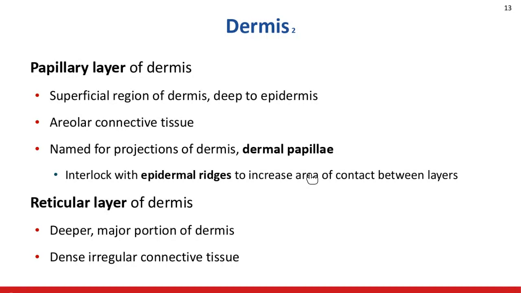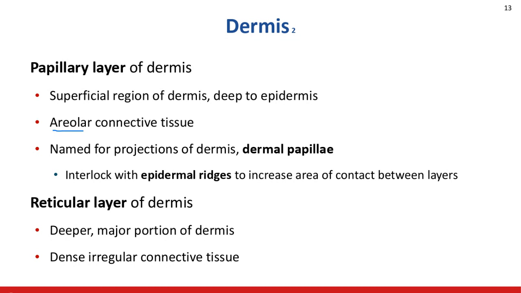So the papillary layer, which is the superficial layer, is going to be adjacent to the epidermis. It's primarily made up of a loose connective tissue, the areolar connective tissue. And as you know, areolar connective tissue, being a loose connective tissue, will be highly vascularized. So in this layer, we're going to see the dermal papillae there.